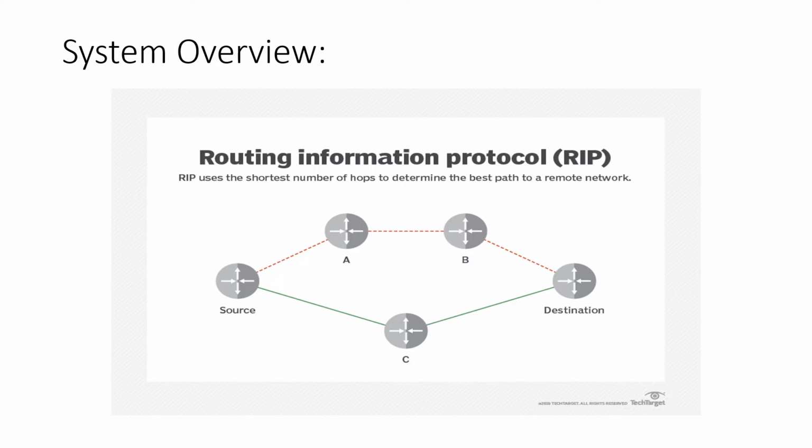From source to A, then A to B and B to destination router counts as 3 hop counts, whereas source to C and C to destination router counts as 2 hop counts. So here packets are being sent from source to C and then C to destination router because it has the lowest hop count rather than other routers. So this is what routing information protocol is used for.